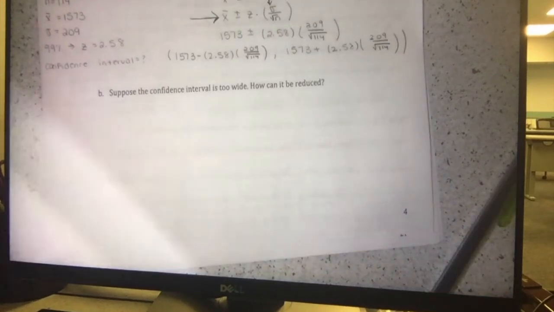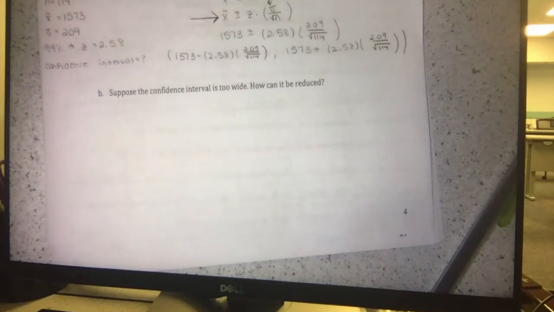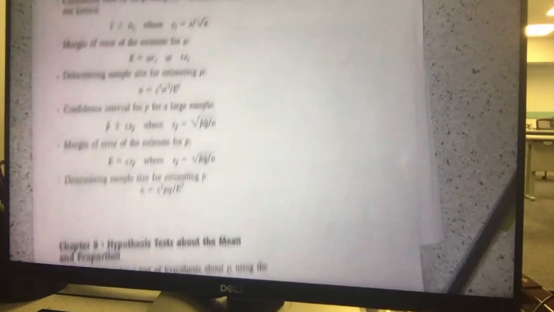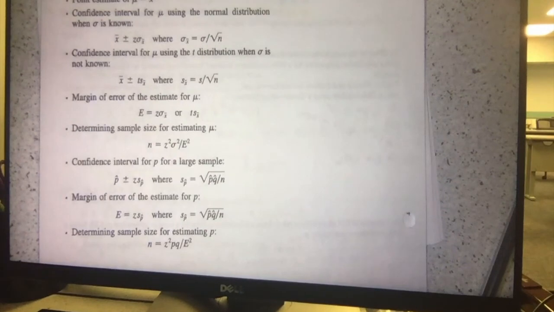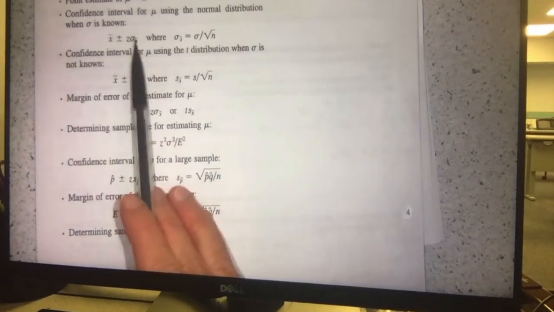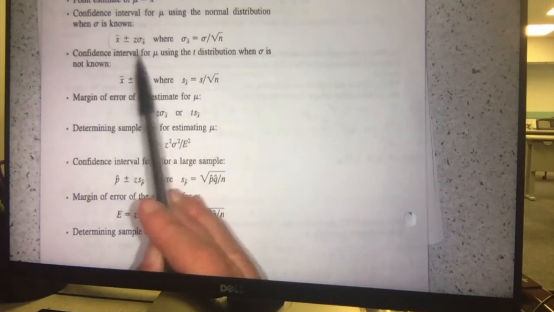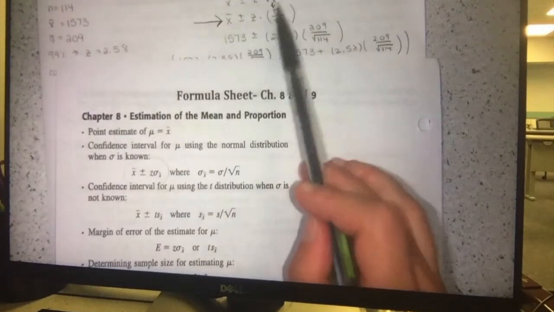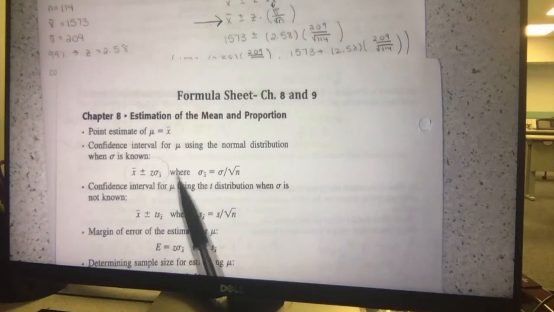On the formula sheet, this is just from the book, so that's what I have to give you: what's from the book. For example, they give you here's our confidence interval, which is this formula right here, and they tell you where X bar is this.